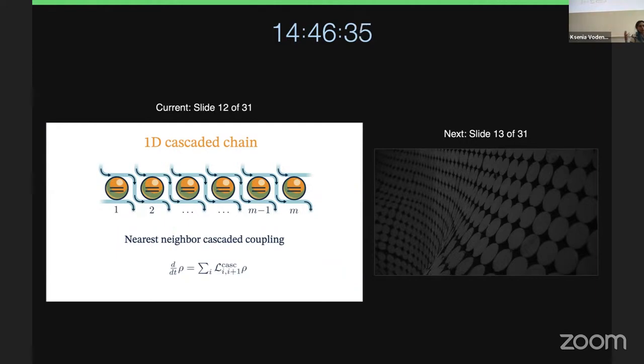So the information will come back after this delay time tau, and then the process continues. So it's kind of a letter in the future for the atom, a letter to itself. And this is exactly our 1D cascaded chain. It just consists of these replicas of the original atom at different times, and the difference between them is exactly the delay time tau.